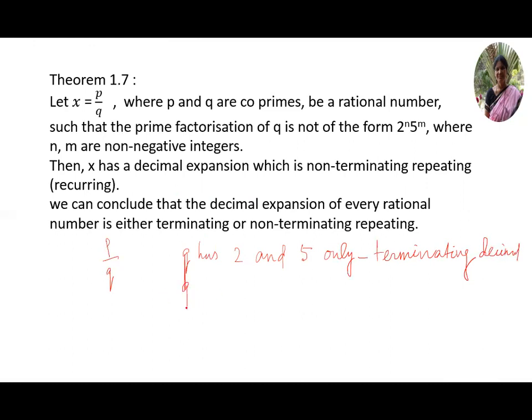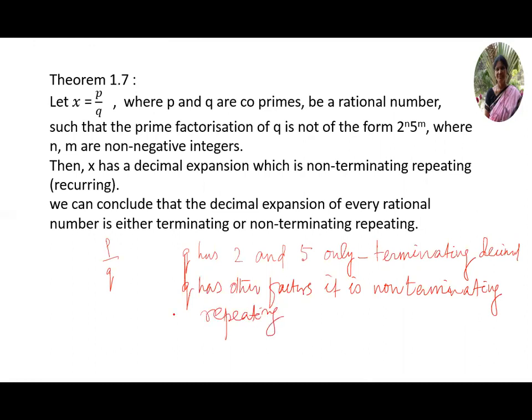And if this denominator q has other factors than 2 and 5, it is non-terminating but repeating. We may ask, then what will be non-repeating? If it is non-repeating, it is an irrational number. It cannot be a rational number.